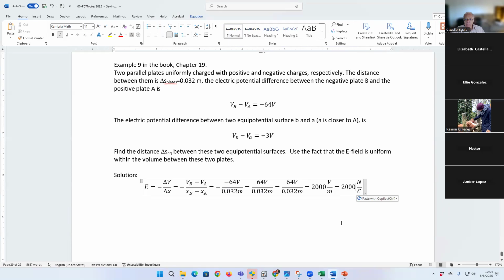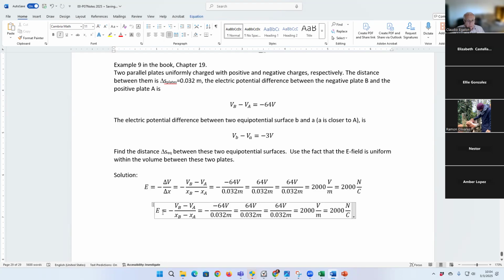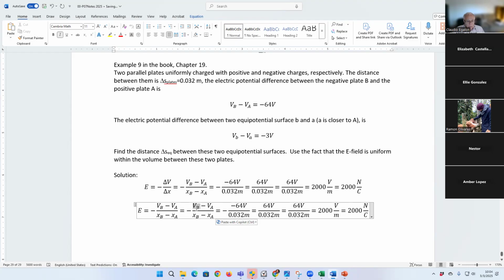I can prove that for you just by doing dimensional analysis. Because the electric field is uniform throughout that volume, what you have right here is going to be equal to this one as well, for lowercase b and lowercase a.